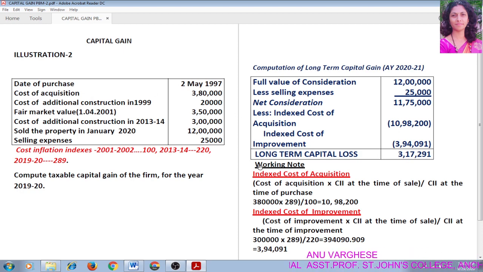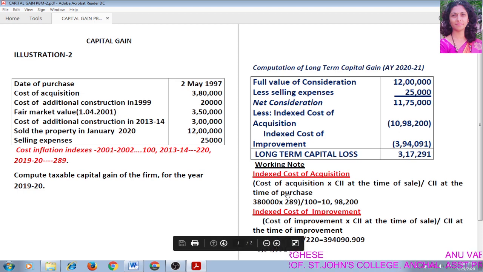So you can write working note: indexed cost of acquisition. The formula for finding indexed cost of acquisition is cost of acquisition into cost inflation index at the time of sale divided by cost inflation index at the time of purchase.